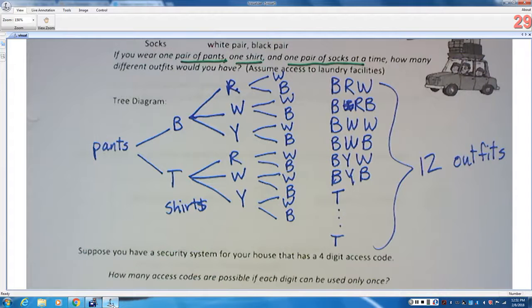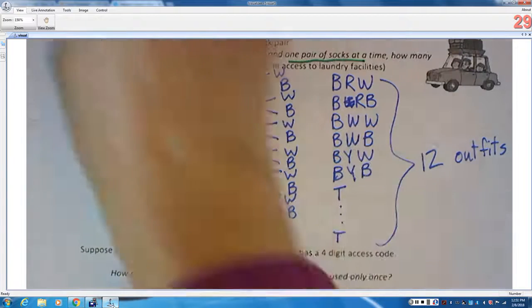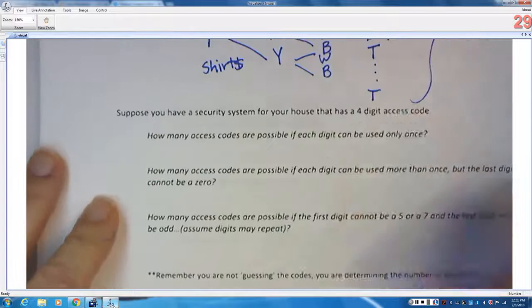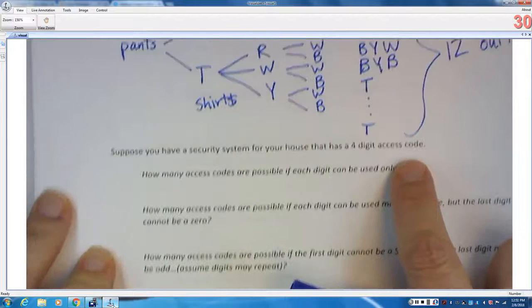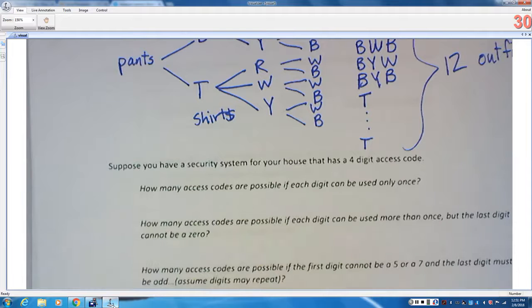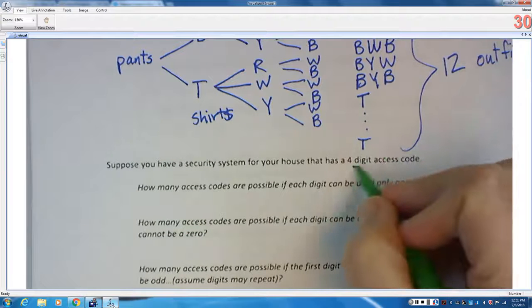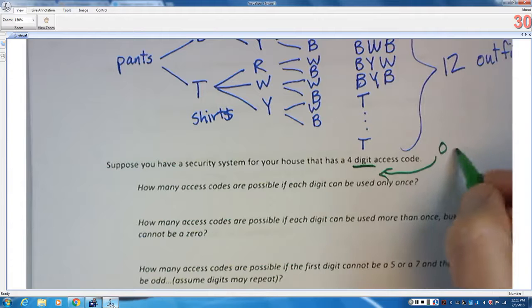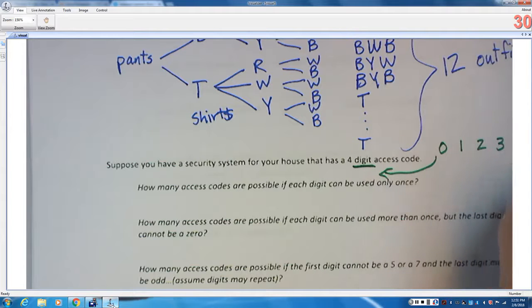So, some more examples that we need to talk about here is if you have a security system for your house, and it's got a 4-digit access code. When we talk about digits, we mean the numbers, each digit can be 0, 1, 2, 3, 4, 5, 6, 7, 8, or 9.